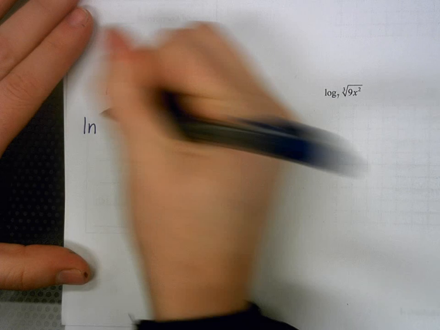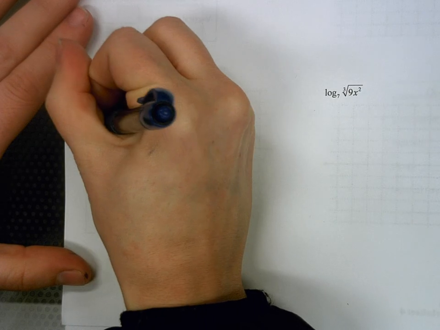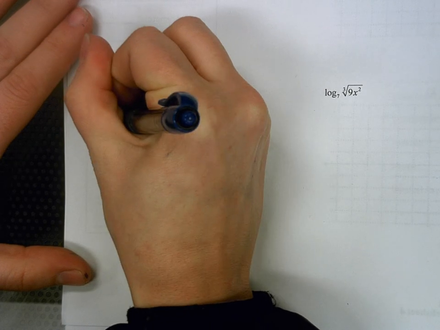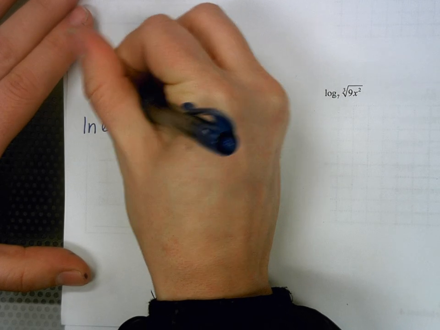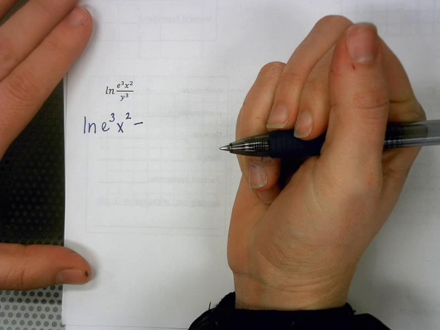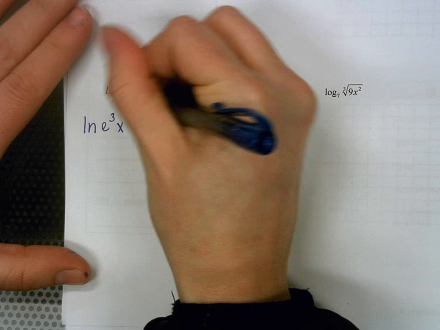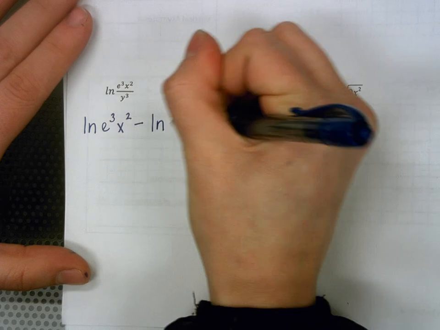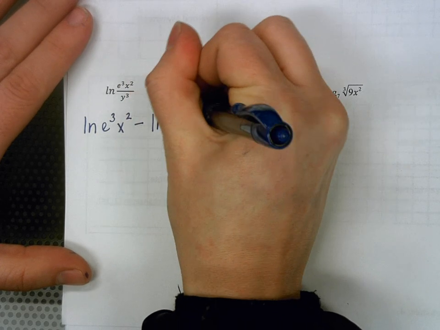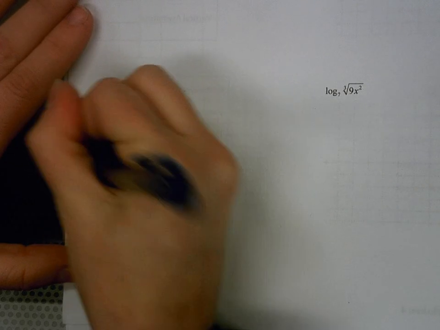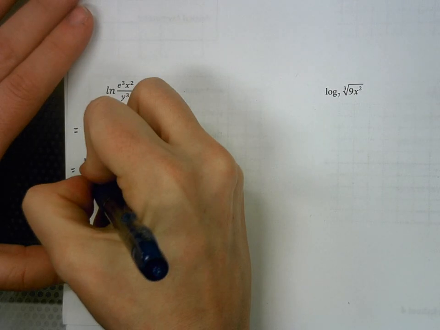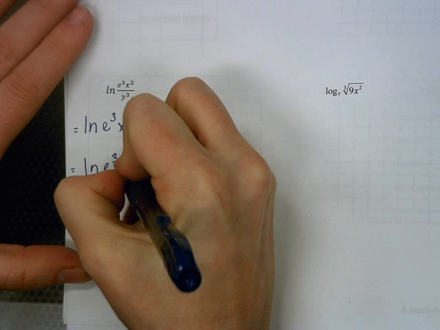So my natural log of e cubed x squared is being divided by y cubed. So the division means we change to subtraction. Then the multiplication means we change to addition.